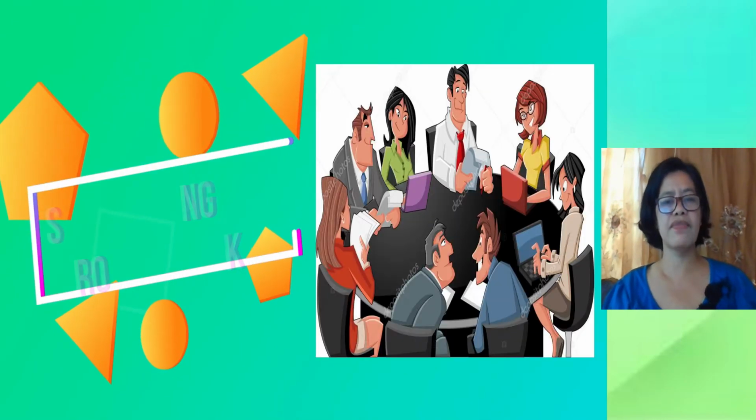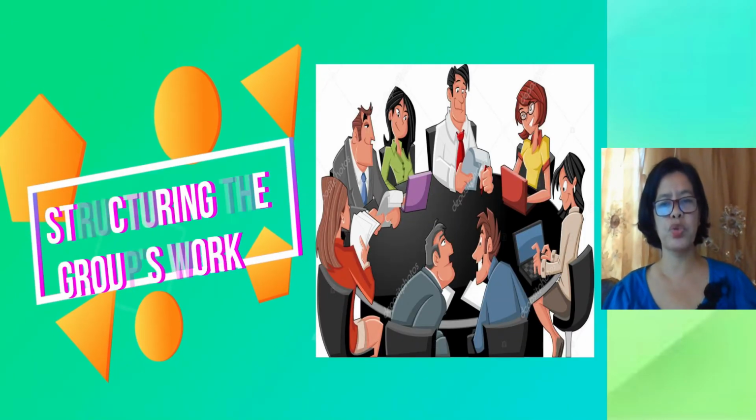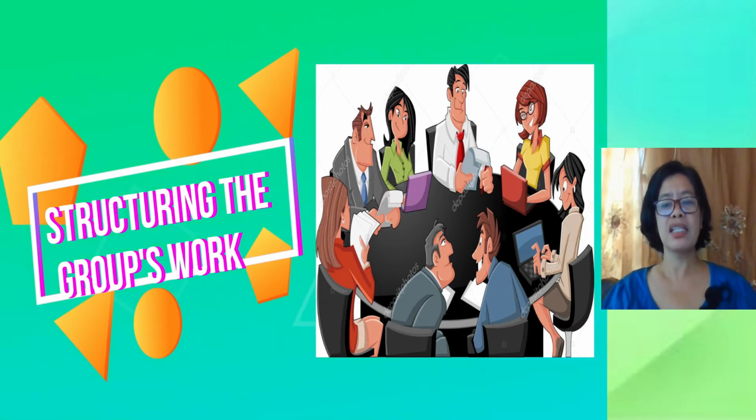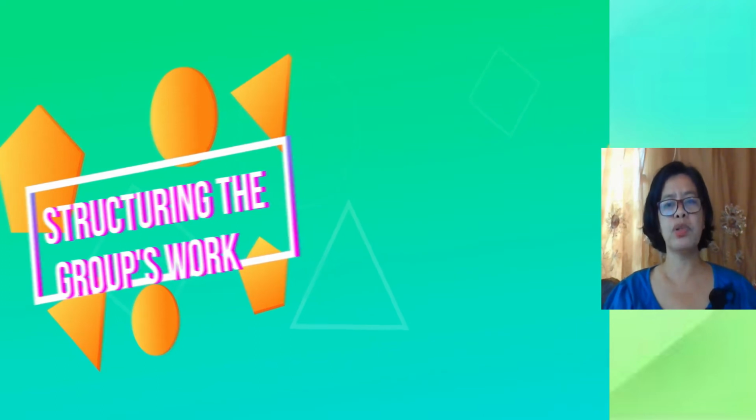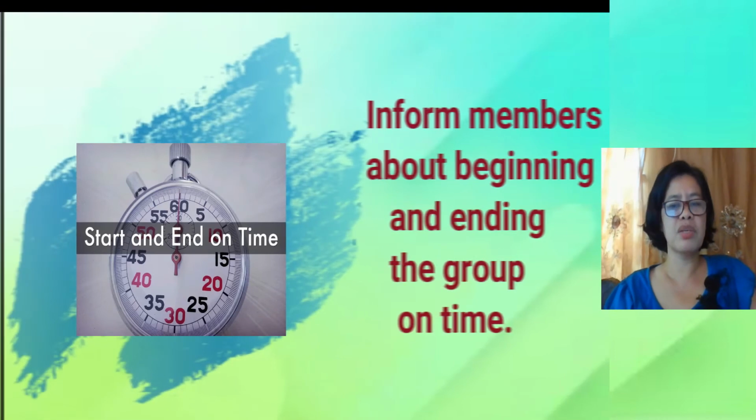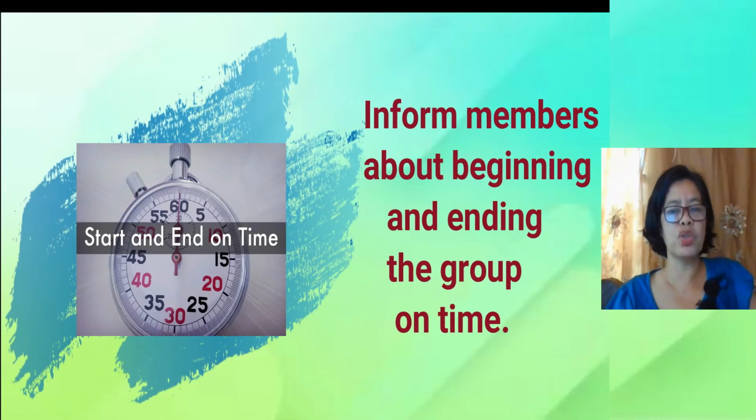The second activity is structuring the group's work. Structure refers to the use of planned, systematic, time-limited interventions and program activities. So what should we do to be able to structure the group? First, inform the members about beginning and ending the group on time.